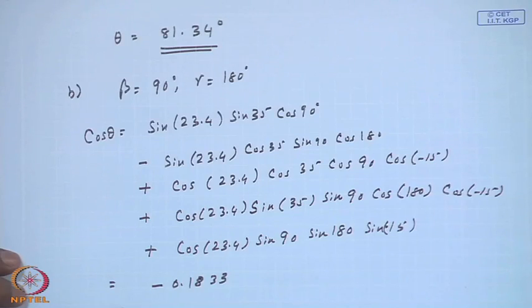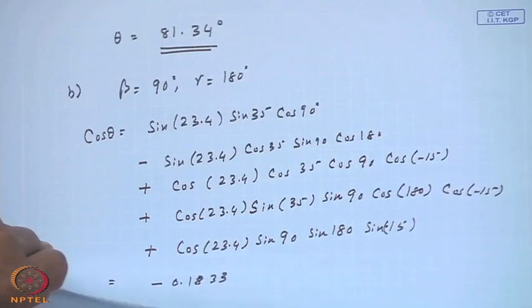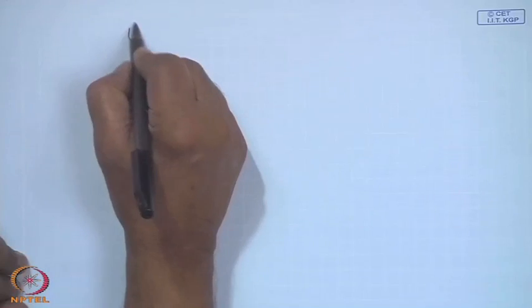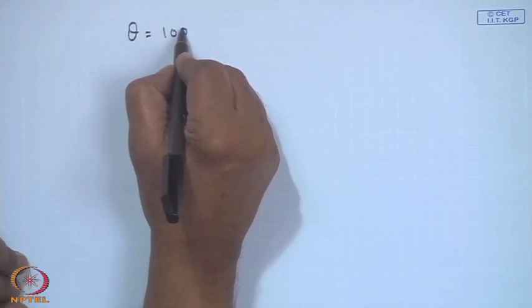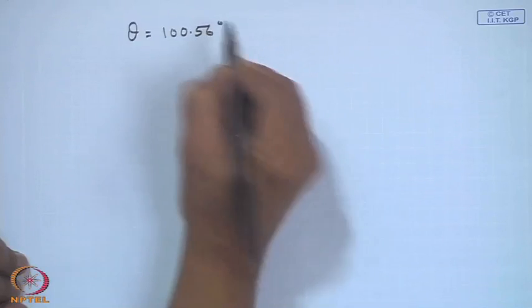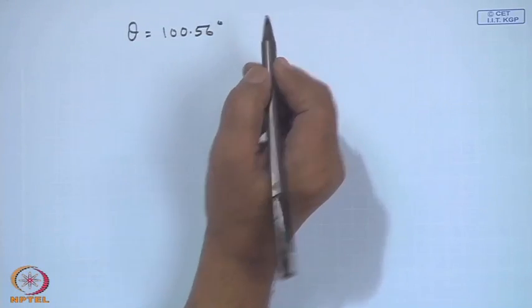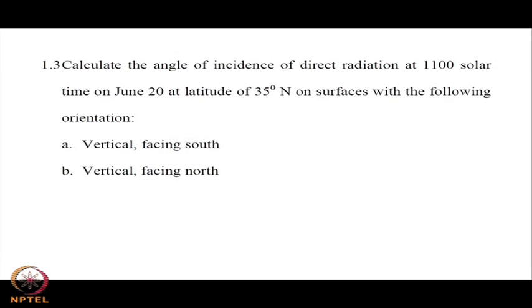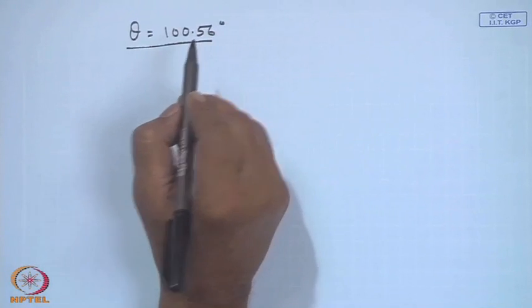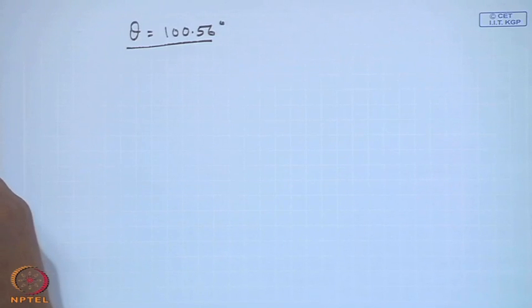So, theta is more than 90, which essentially means if you have got a vertical surface facing north at 11 o'clock, obviously it will not receive any sunshine, which is indicated by theta being more than 90.